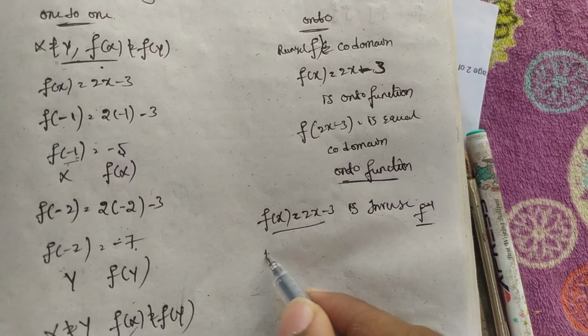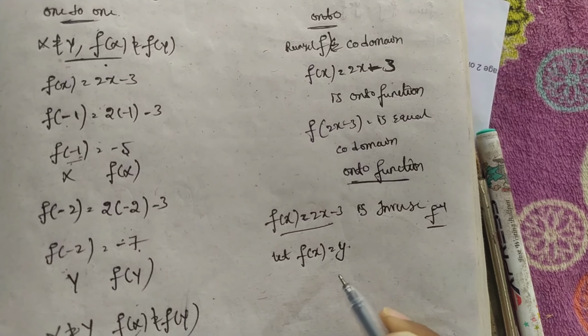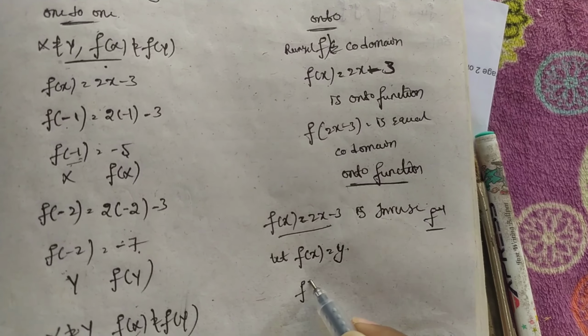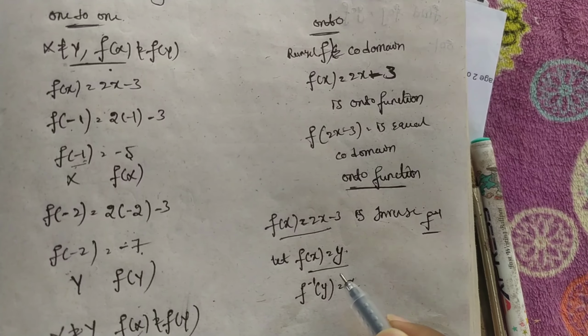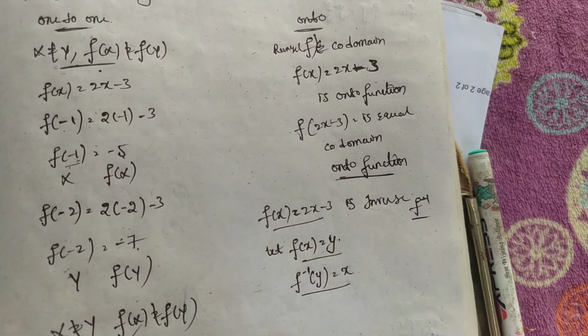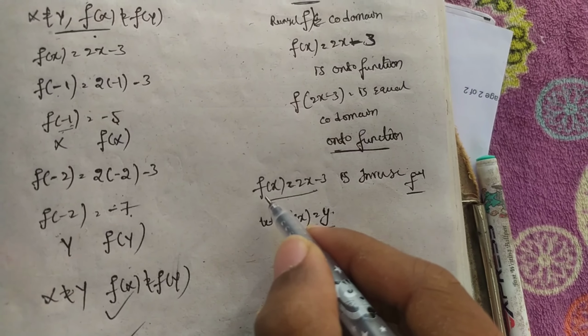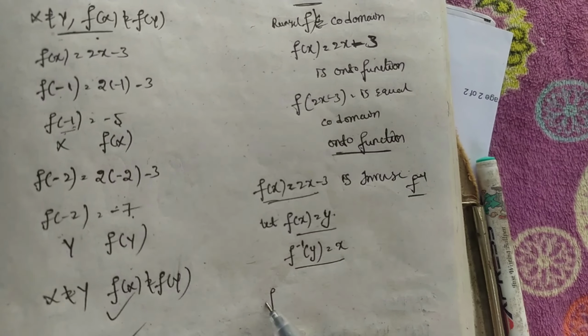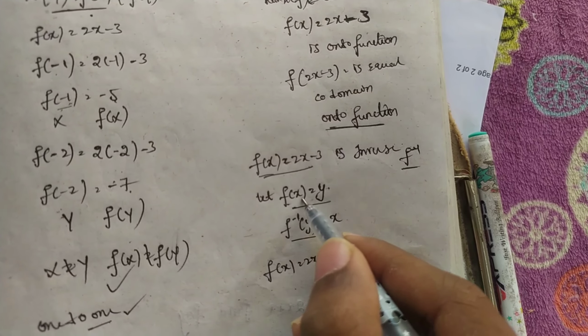Let f(x) = y and f inverse of y = x. This is the condition for an inverse function. Assume f(x) = 2x - 3 is given, and f(x) is y.